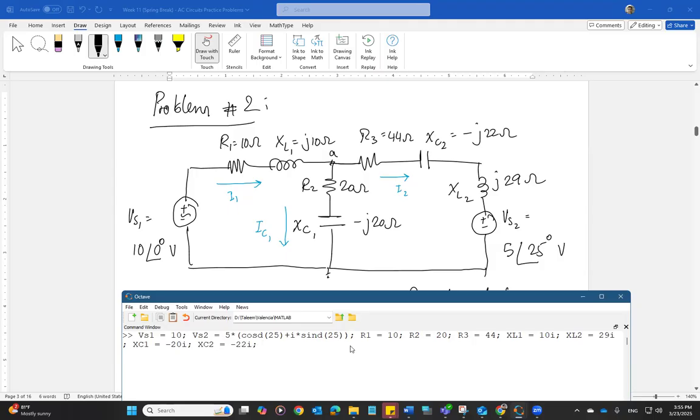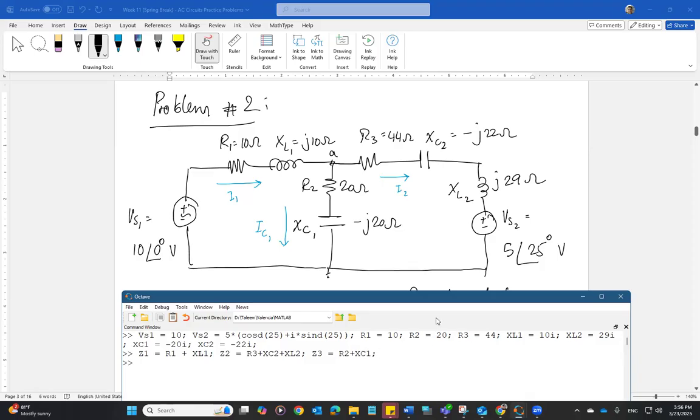Okay. And then I'm going to make my Z1 the series combination of R1 plus XL1, my Z2 the series combination of R3 plus XC2 plus XL2, and then my Z3 the series combination of R2 plus XC1.